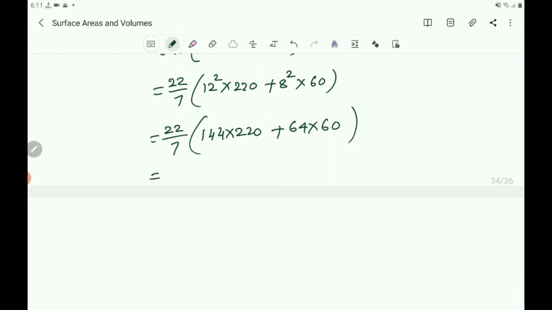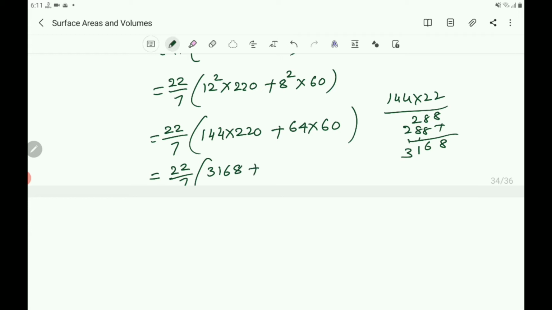That equals 22 by 7 into, multiplying these two, 144 into 22 is 3168. Here we have to take one more 0, as it is 220, so it becomes 31680.